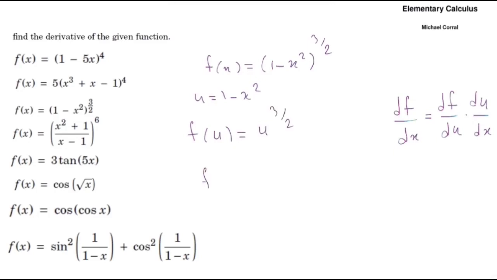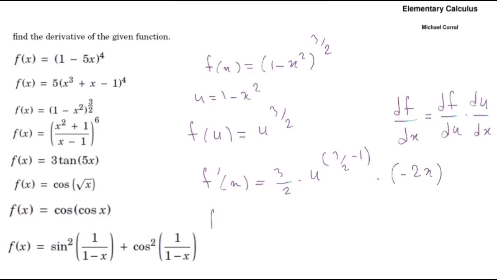So f prime of x equals df with respect to u, which is 3 over 2 times u to the 3 over 2 minus 1, times du with respect to x, which is minus 2x.